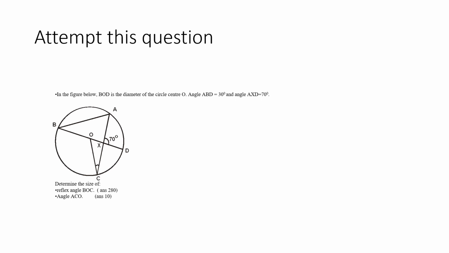If that is the case, if you look at triangle AXD, now you know the base angles. One is 60 and the other one is 70. 60 plus 70 gives you 130. So 180 minus 130, you get 50. So it means that angle XAD or DAX, which is also DAC, is 50.